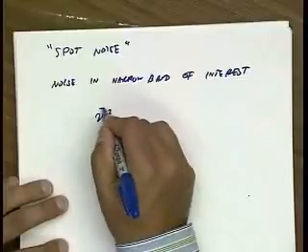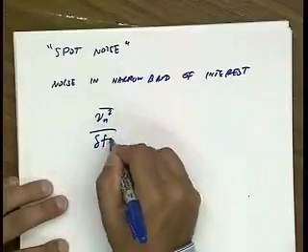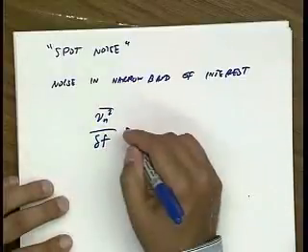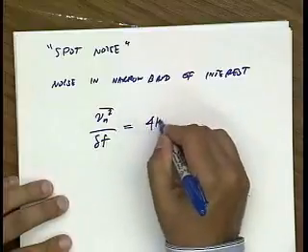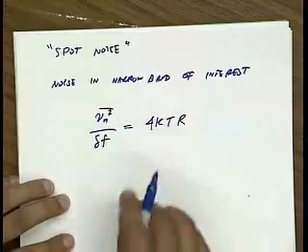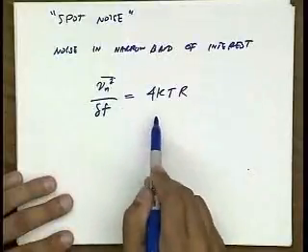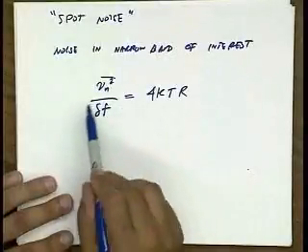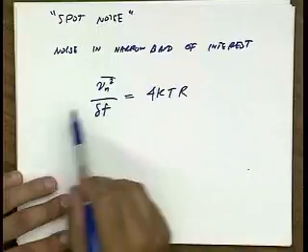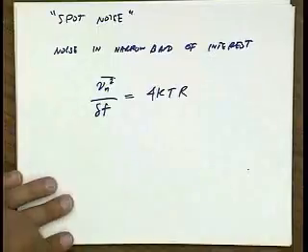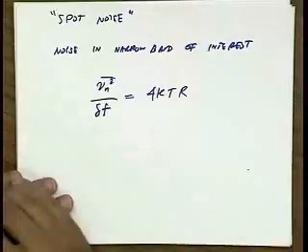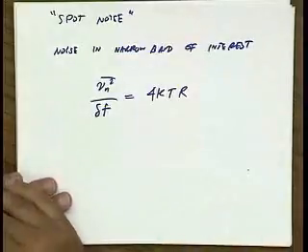And so basically, if I just divide out the bandwidth, I'll call that delta F because it could be a small bandwidth, then I would just say the noise is 4kTr. But it's understood that this is the noise per unit hertz because I've divided out by the bandwidth. And if I want to get the total noise, I have to always integrate over the bandwidth of interest. If the noise is white, integration is trivial. You just multiply it by the bandwidth. Okay?